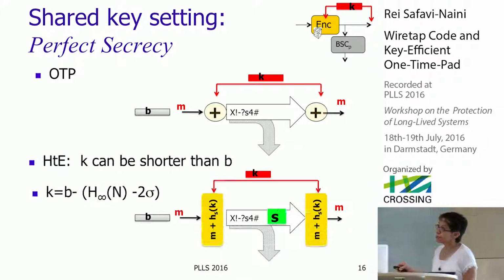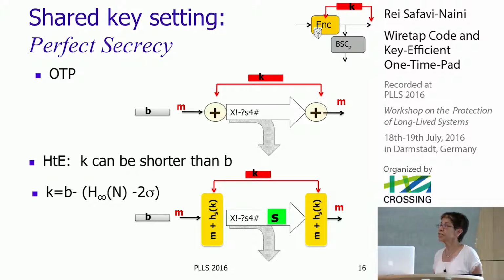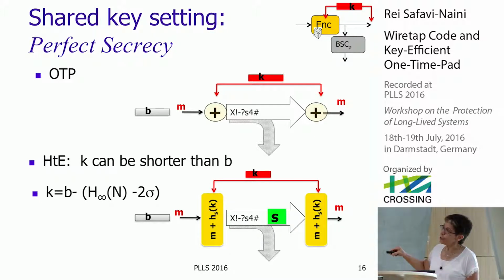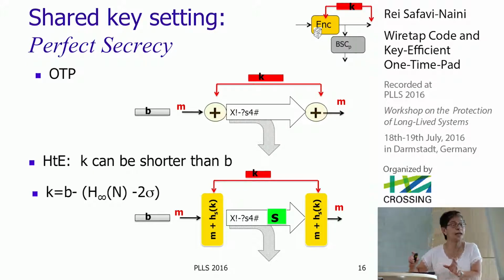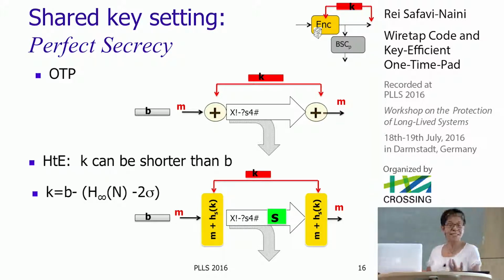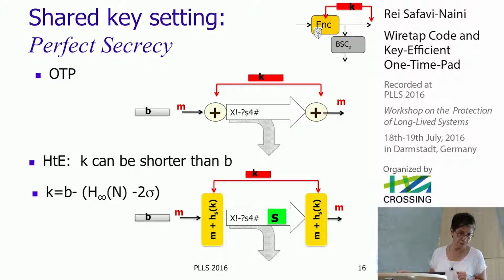The nice thing about the hash-then-encode construction is that it allows you to reduce the length of the key. Effectively, as I showed you, this construction extracts from the noise of the channel and the randomness of encoding. This translates to reducing the length of the key that you need for this secure communication.